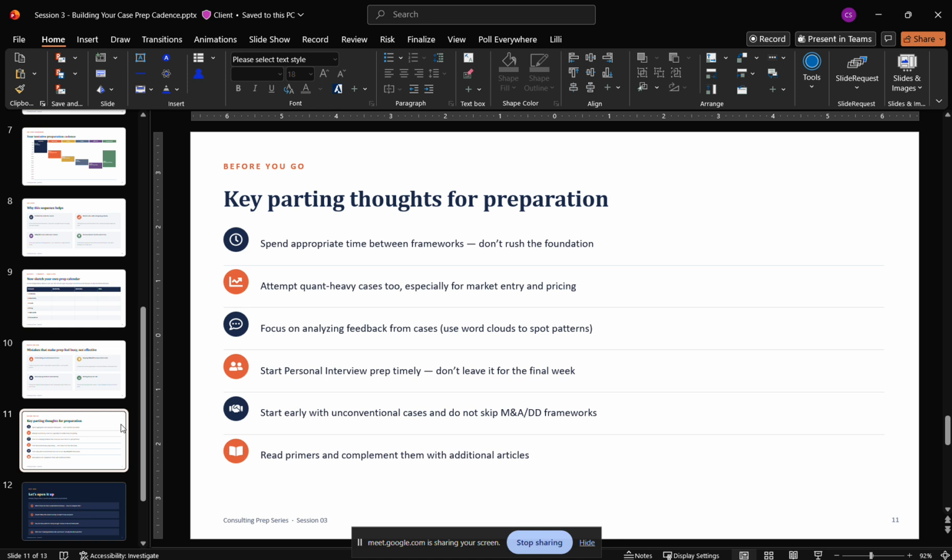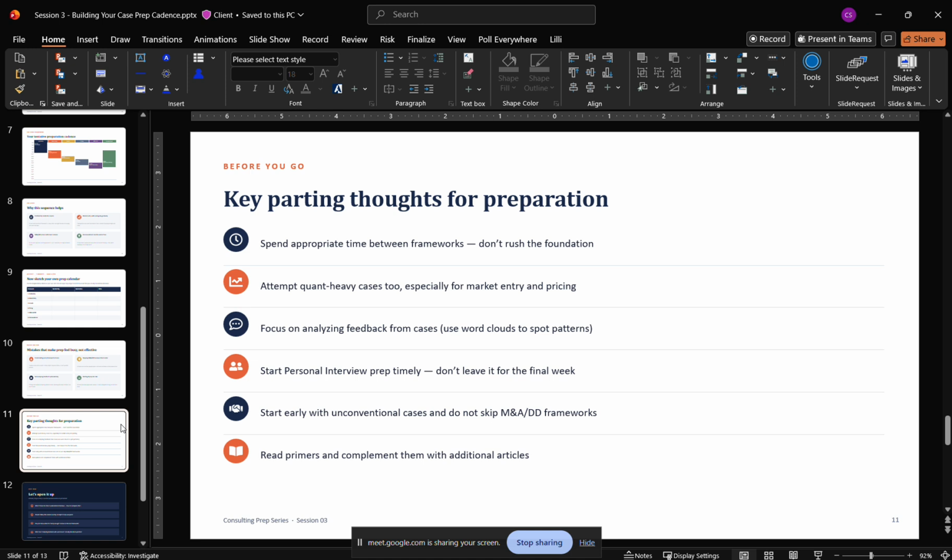But if your question is quant heavy, like I mentioned, every case book divides cases across three difficulty levels: easy, medium, and hard. By design, as you do the three archetypes, you will get enough quant heavy cases, irrespective of the case book that you're working with.